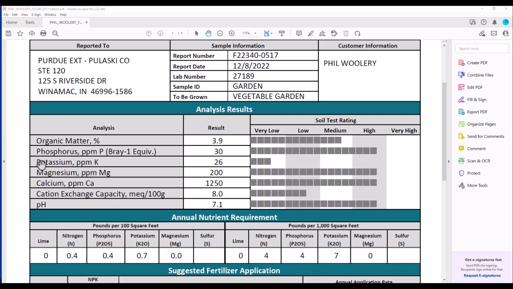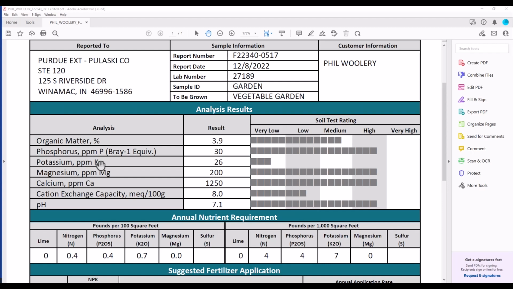Next, we have potassium, also measured in parts per million. The symbol is K, from the periodic table. This nutrient is used in water regulation in plants. The stomata that open and close on the plant leaves let in carbon dioxide, but they also let out water, and potassium is important in that regulation.